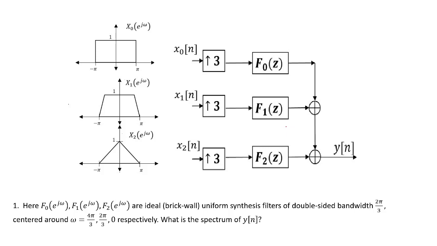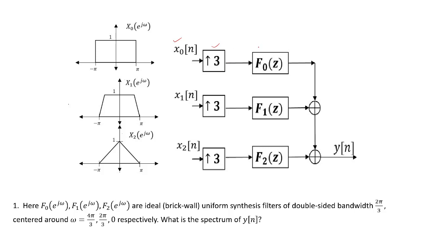Here we can see, as we mentioned, spectral analysis for synthesis filter bank. So what does exactly that mean? You can see this is a sequence x0 of n fed to an upsampler block. This we have encountered in previous sessions, so we are pretty familiar with that.